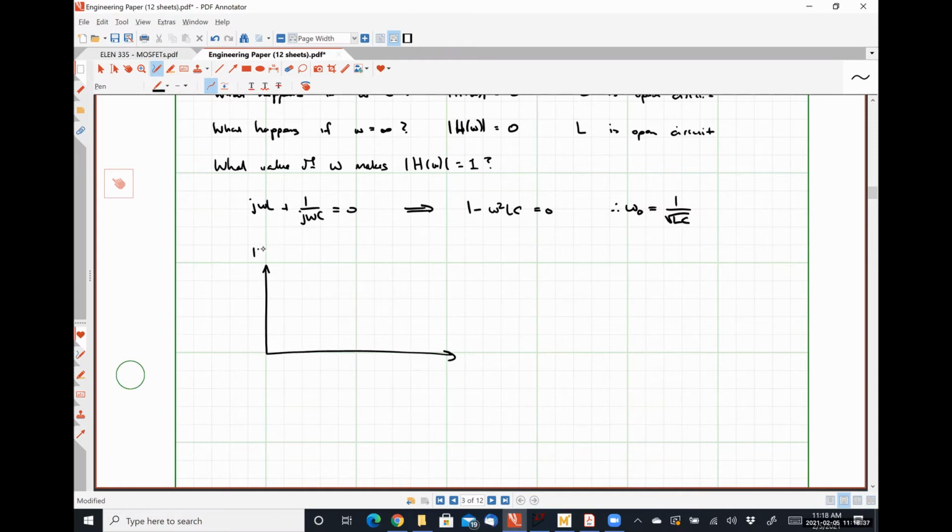So this is our magnitude, here is omega, and I'll do it in blue. So we have something like this. This value is 1. So I'm going to say this value right here is 1 over root 2.